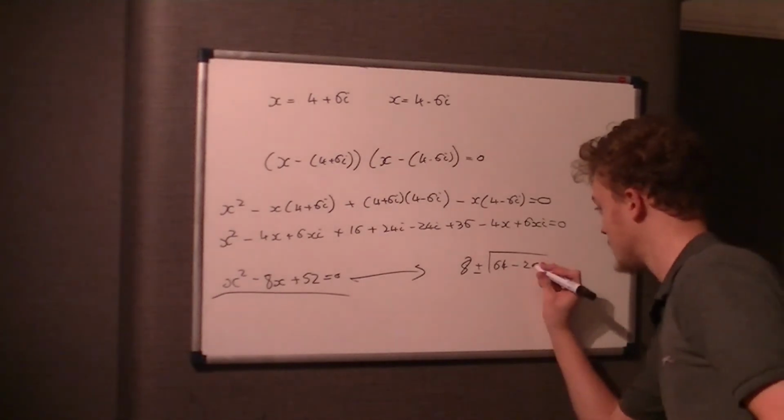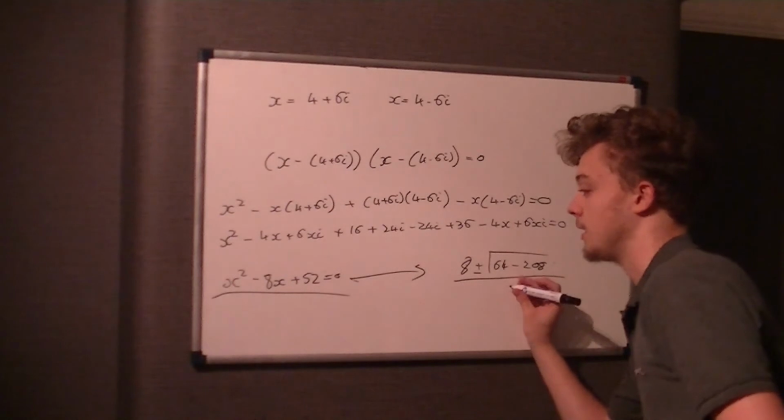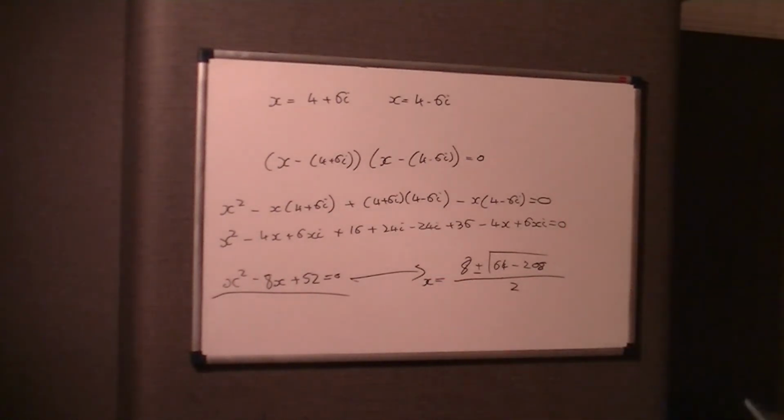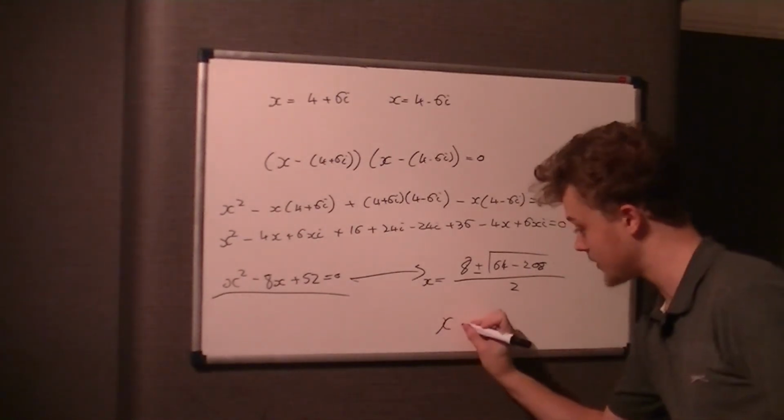I was going to say this is incorrect. Oh, I'm going to look like a colossal idiot. Over 2a, which is just 2, so that equals x. So 64 take 208 is negative 144. Actually, I think this might work.